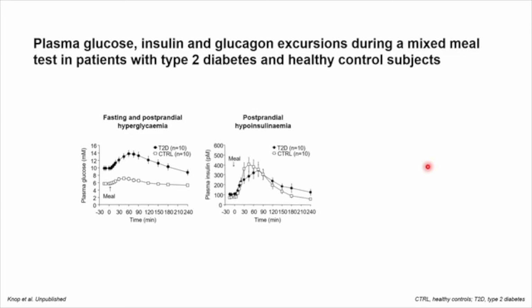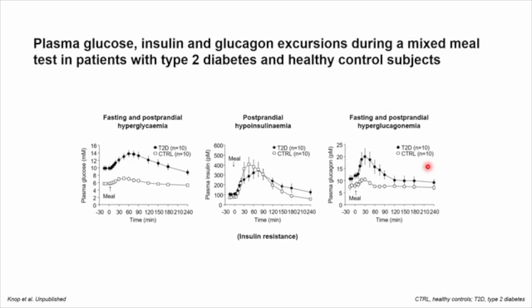This is what happens to insulin during a meal test like that. So not a really big difference, but we know, of course, that compared to the glucose levels, these patients are characterized by both postprandial hypoinsulinemia and also insulin resistance, contributing to the hyperglycemic state of these patients.